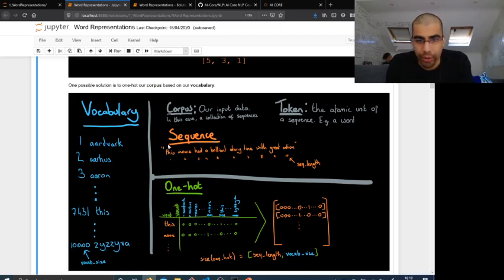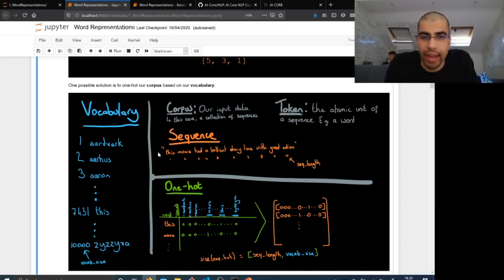The first word, this, occurs at index 7,431, and our total vocabulary length is 10,000. So for the word this, we will have a vector which is 10,000 long, but at index 7,431 it'll be 1, and everywhere else it will be zeros.